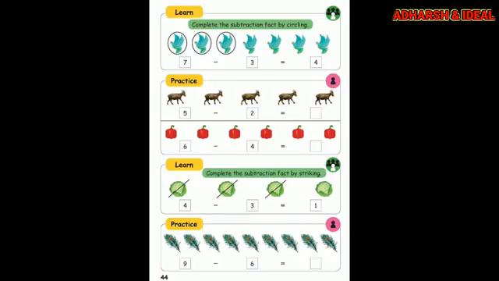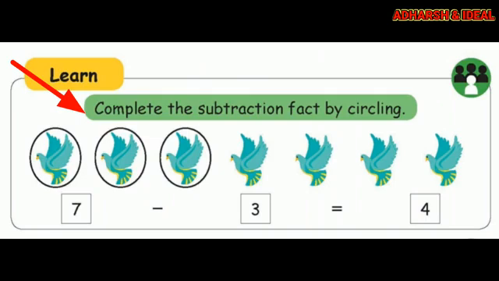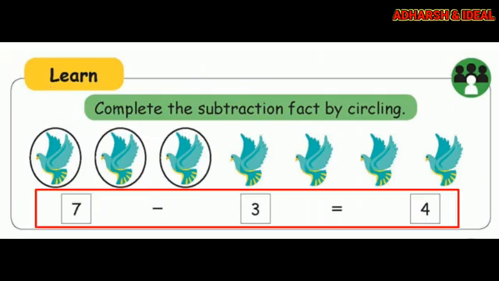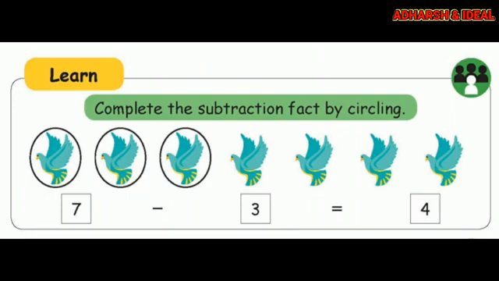Next, complete the subtraction fact by circling. First, look at the subtraction fact. 7 minus 3 equal to 4. Look at the picture. How many birds are there? Yes, there are 7 birds. What number is this?